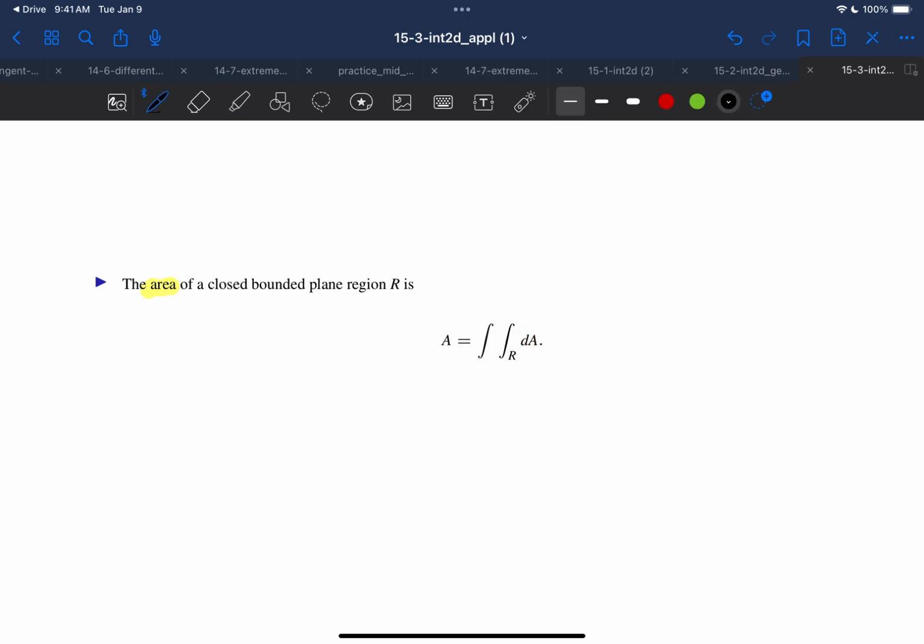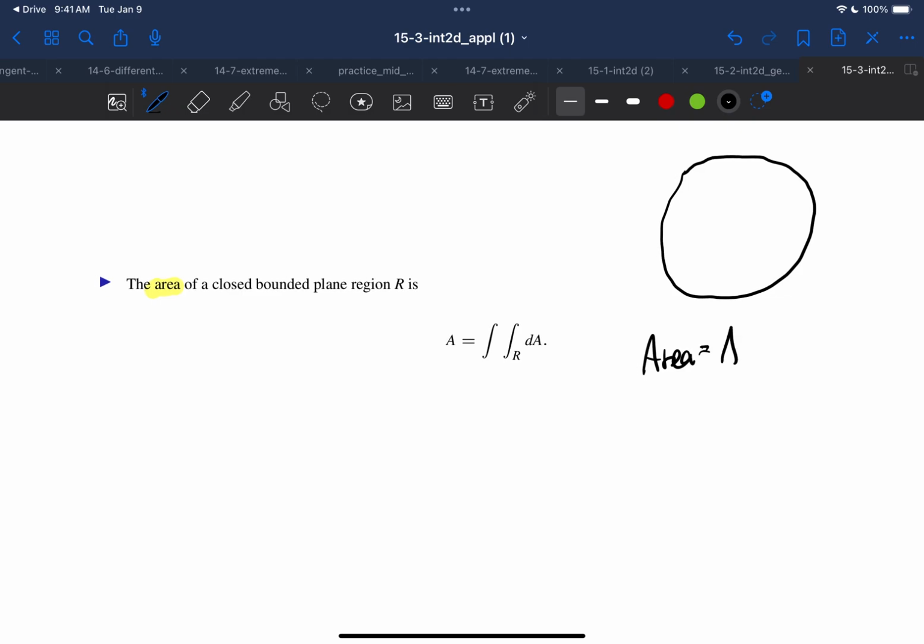What it means is, suppose you have some bounded closed area, we call that R, and you want to know how big it is, then that's the area. You can write this as A of R, which is the integral over R of 1 dA.